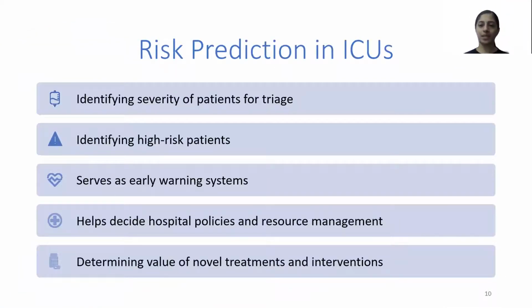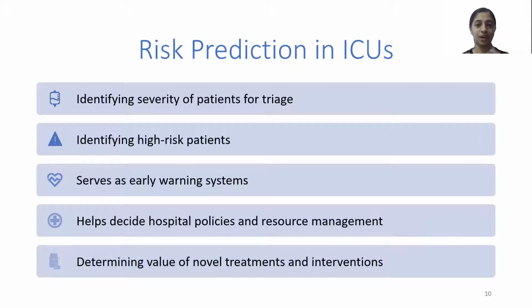One of the methods of helping manage the ICUs is performing risk prediction. Risk prediction is used to identify the severity of the patients for triaging, such as the mortality of the patient or the high risk of the patient developing some complication.